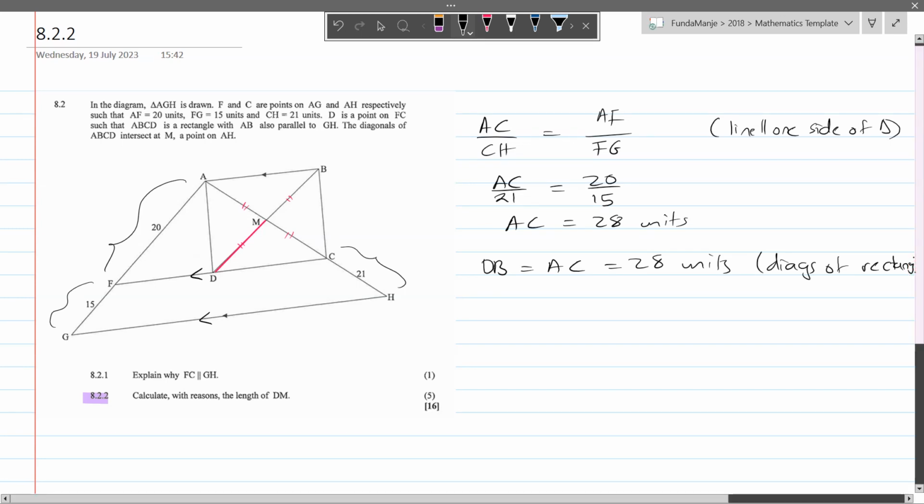Then now you can say half of DM is equal to half of DB, which would be 14 units. And again, this is the same reason, diagonals of a rectangle. So these are just properties of a rectangle. And then that's your answer, 14 units. That's your length for DM.